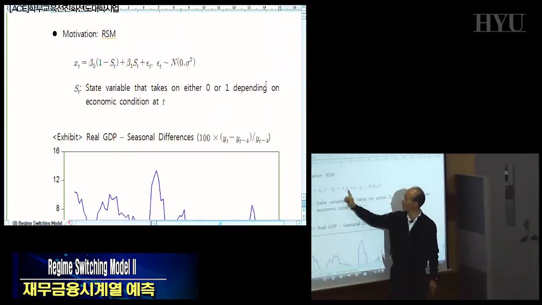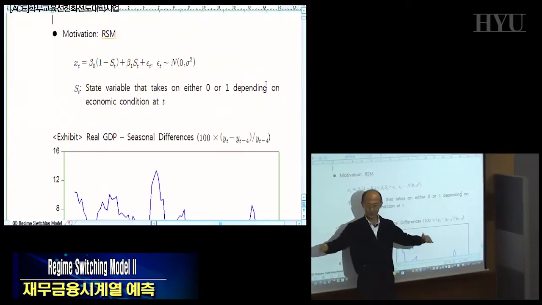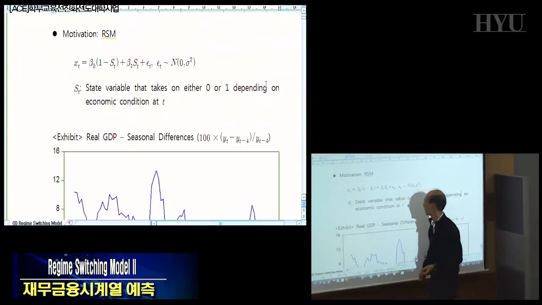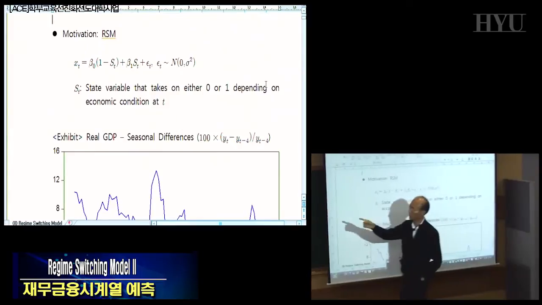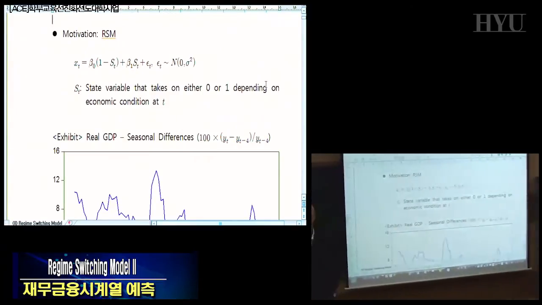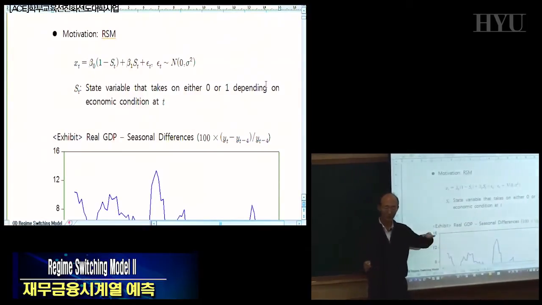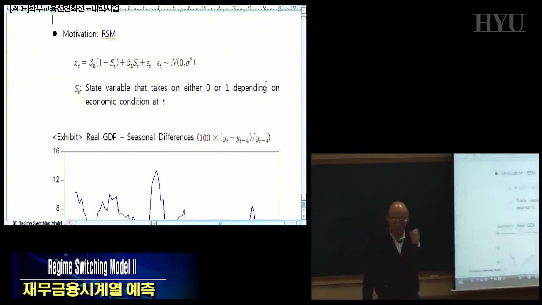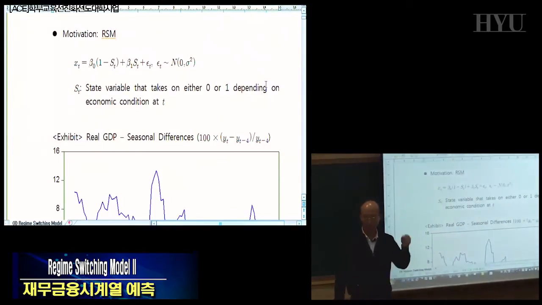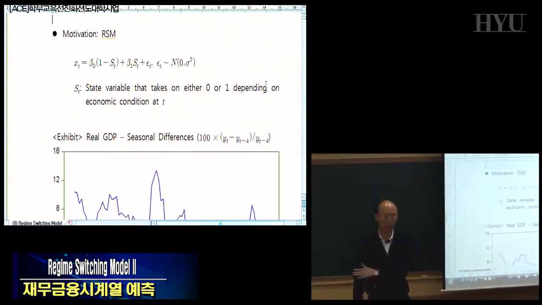If the state is 0, then this is the mean, right? So it could be a mean here, and then the same normal distribution. Right? The mixture normal model doesn't say much about the way the state evolves over time. So S_t could be a purely random variable, an independent random variable. Or it could be a state-dependent variable.